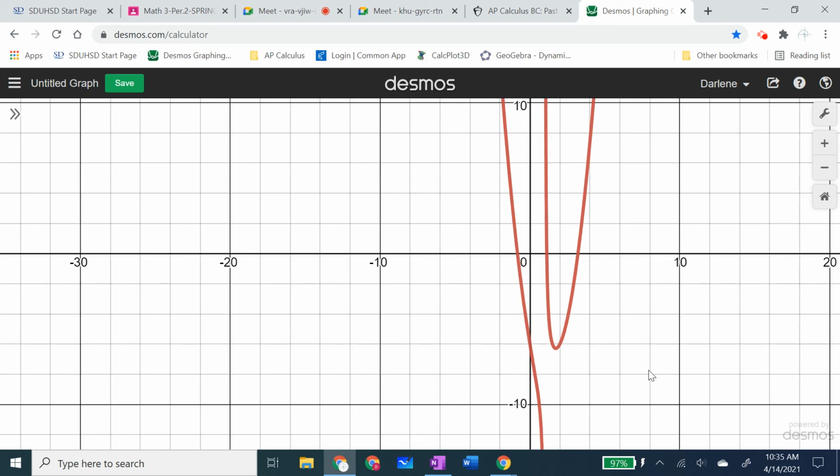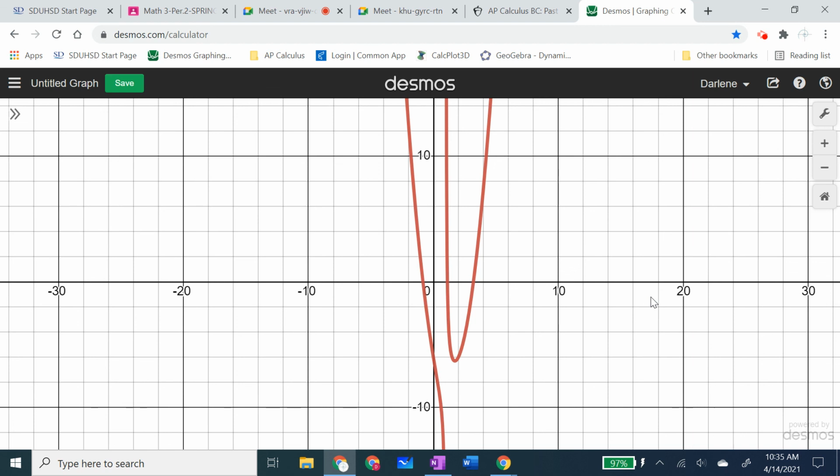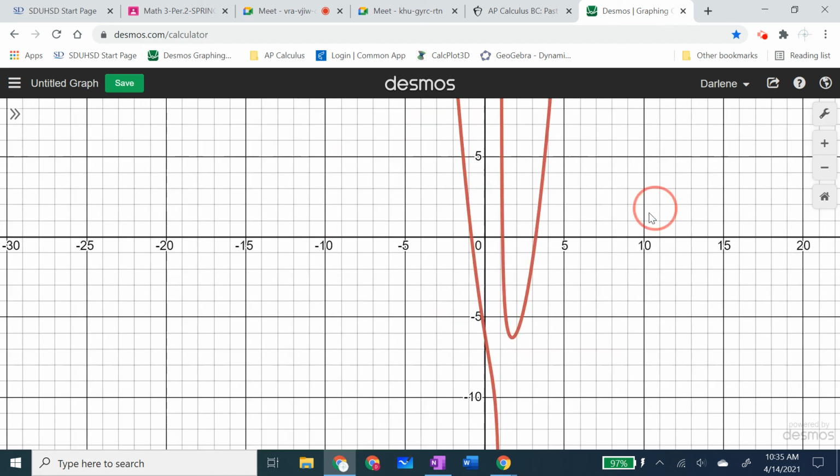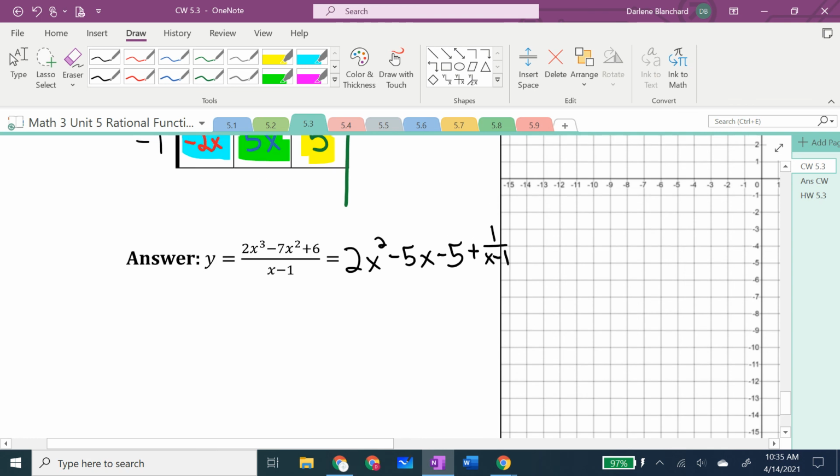Now, how weird is this graph? Were you expecting that at all? No. So I'm going to change, let me see. I want you to notice something. What made the denominator 0? What value of x makes the denominator 0 in that original division?